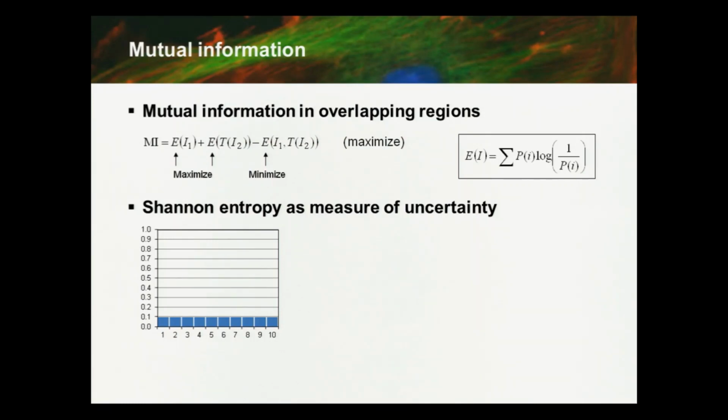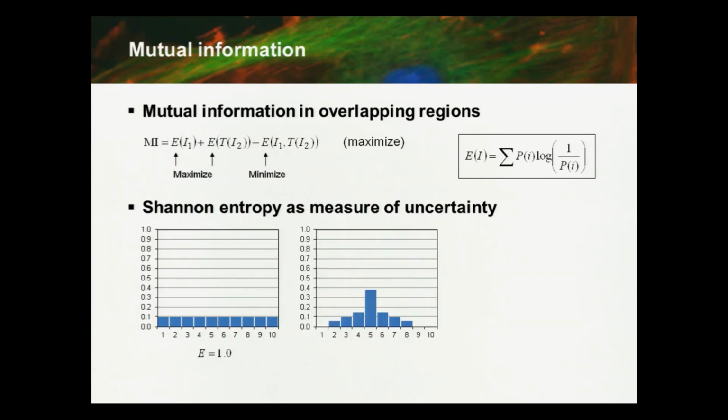Each intensity has equal probability. So if I ask you to pinpoint any pixel in the image and then guess what the intensity is, you have maximum uncertainty about the answer, because it could be any one of them with equal probability. So indeed, if you compute the entropy, it gives a value of 1.